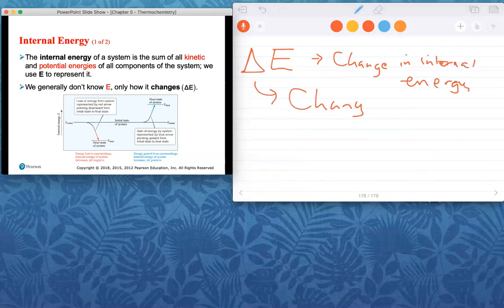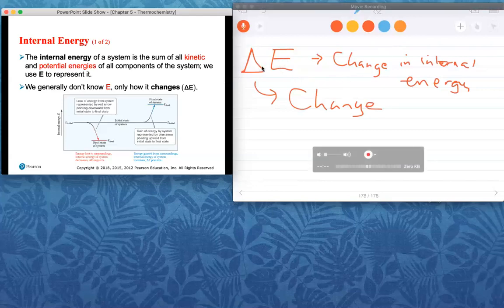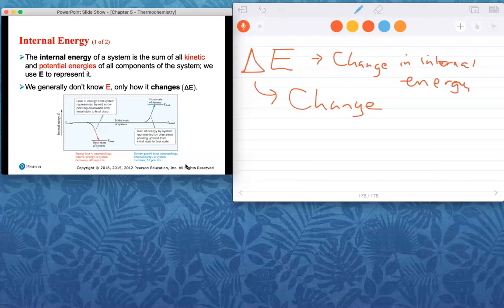So when you read that, it means change in internal energy. E is not the same as delta E. Chemists are very specific. You may think that delta E is internal energy. No, E is internal energy, and delta E is change in internal energy. You see this symbol quite often, and it means change.